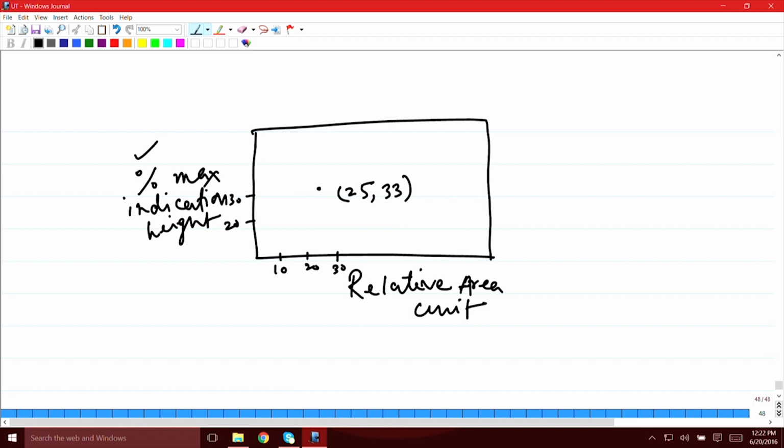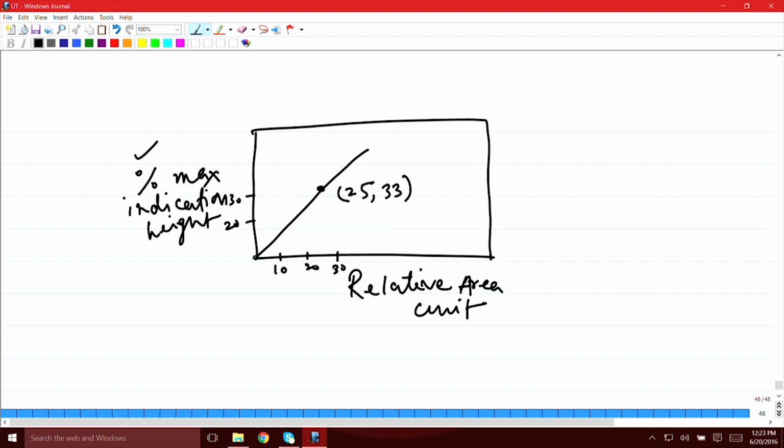So, that is 33% in this case, or 1/3, and the x axis is the relative area, which is the square of the number of the block. So, this was for number 5 block, which means it is 25. Okay. So, first what you do, you draw a straight line through this point and the origin.